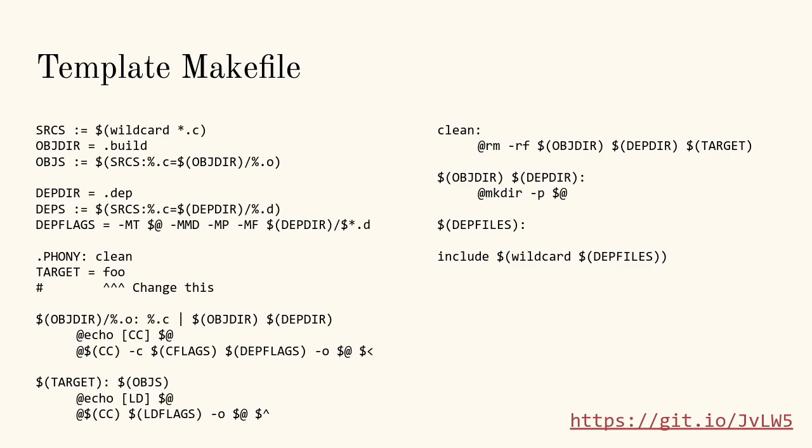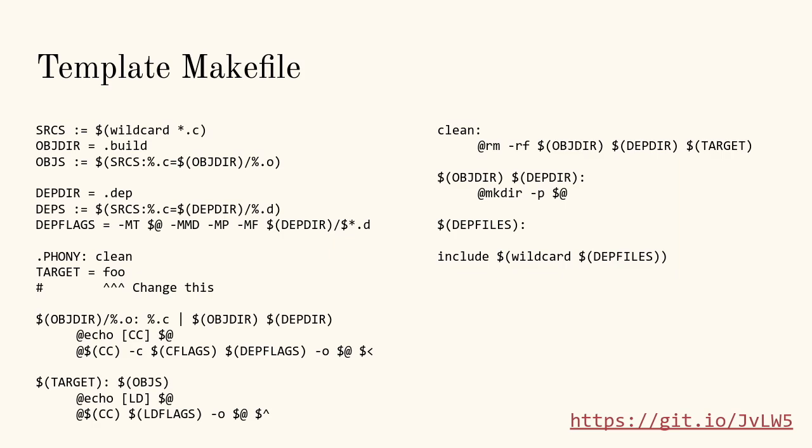So right here I've built a template Makefile, and if you follow the URL at the bottom right, it's shortened. It just goes to a GitHub gist that I've created. The only thing that you should have to change in this file is the name of your target binary. You can leave it foo, but it will always create a file named foo.